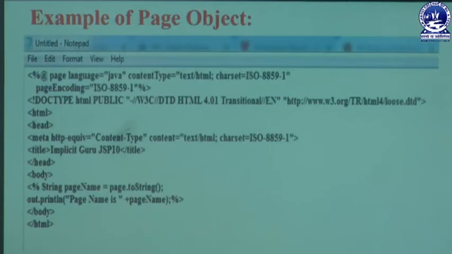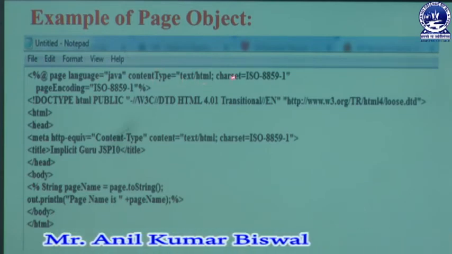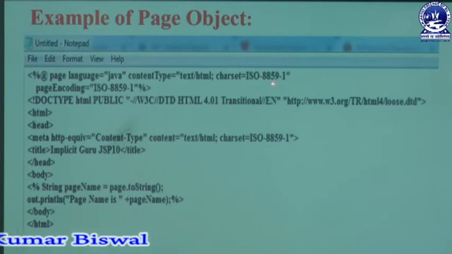Next we are going to discuss some examples of the page object. By using the page object, similarly we can create this command structure like: <%@ page language="java" contentType="text/html" charset=ISO-8859-1" pageEncoding="ISO-8859-1" %>. Then we define some HTML tags, then the head section.